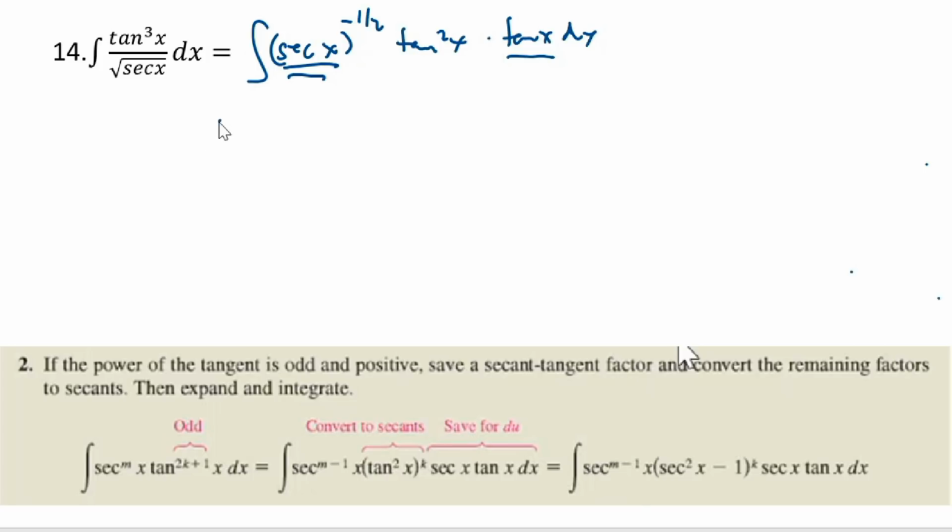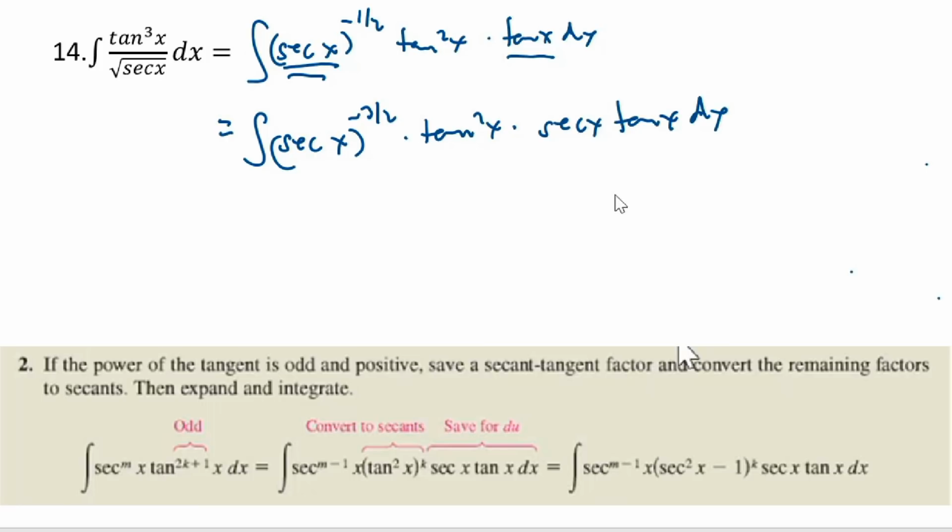Then it becomes secant x to the power of negative 3 halves times tangent squared x times secant x, the one that we get out of secant x to the power of negative 1 half, times tangent x dx.